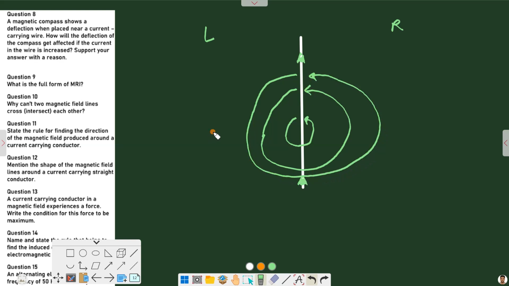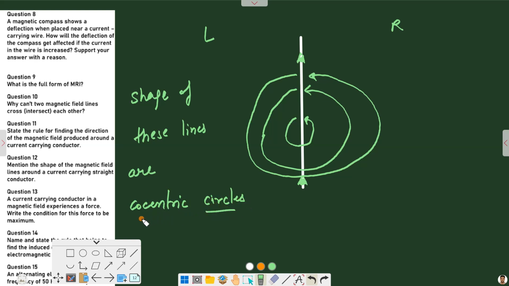So that's how you can find out magnetic field lines for a long and straight conductor, and the shape of these lines is concentric circles, and they are not equally spaced.